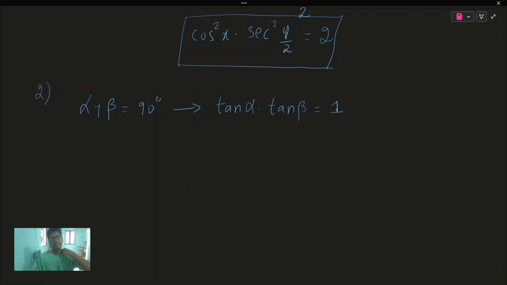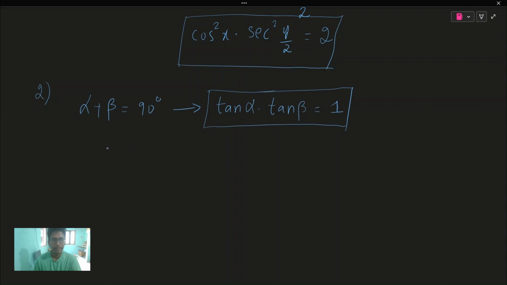There is an identity: if alpha plus beta is equal to 90 degrees, tan alpha is equal to cot beta. So cot beta, when coming to LHS, would be transposed as tan beta. So tan alpha times tan beta, when multiplied, you would get 1. This is a very important identity which can be inferred from this one.